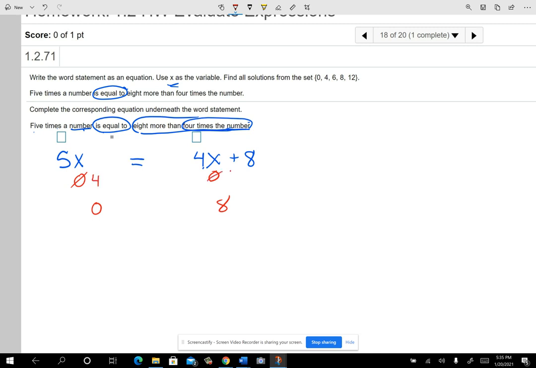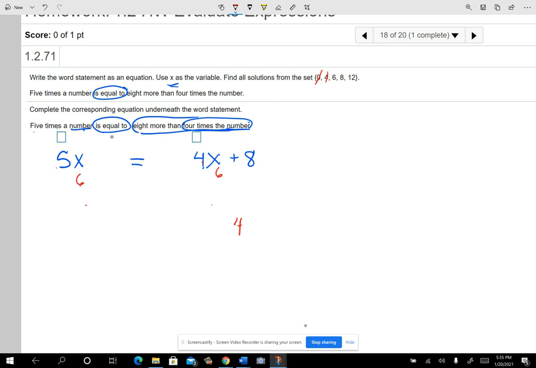So that's not what I'm going to use. How about a 4? If I plug in a 4, let me erase it so it's not so messy. I get 5 times 4, which is 20. I get 4 times 4, which is 16 plus 8. That doesn't work. So 0 doesn't work, 4 doesn't work. Let's try 6.